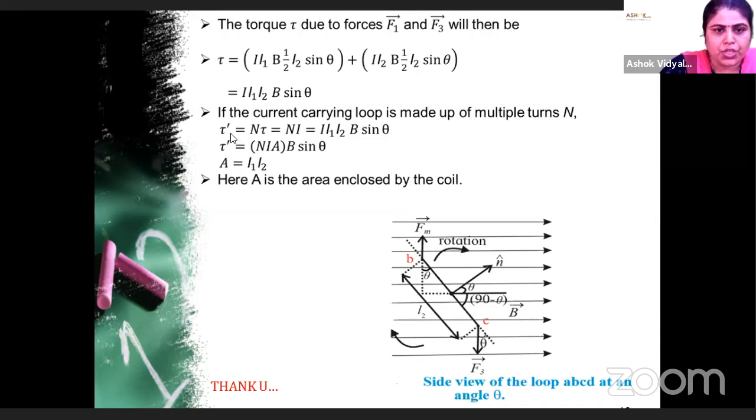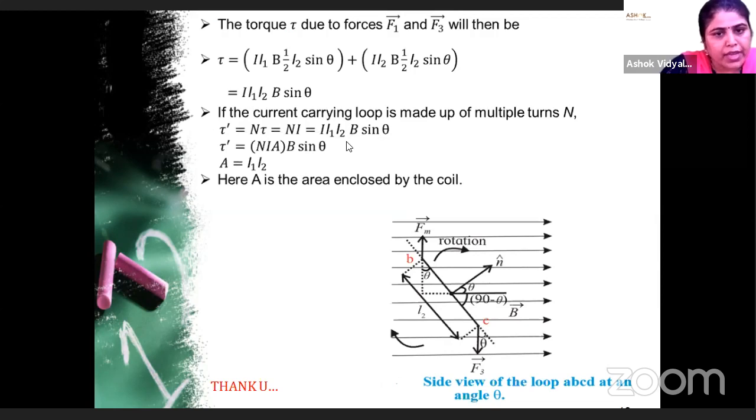Therefore tau dash is the equation for n number of turns, so we multiply by n. Tau dash is equal to n into tau, which is equal to n I L1 L2 B sine theta.